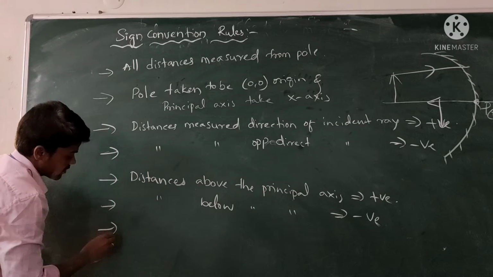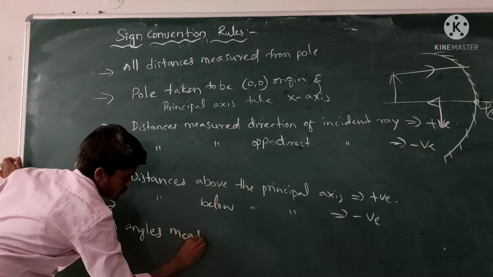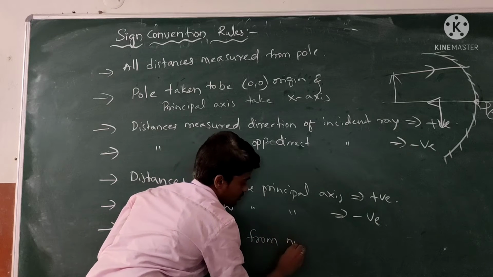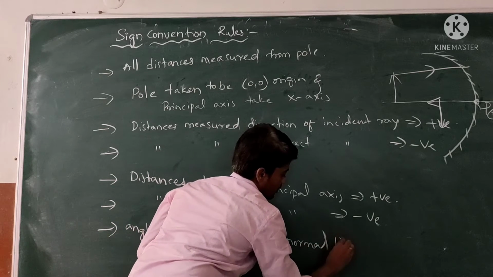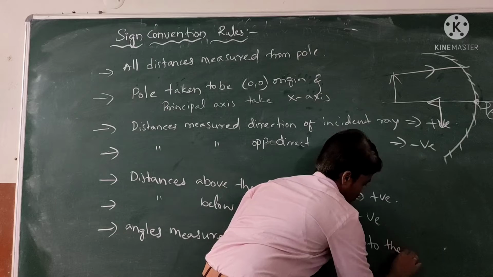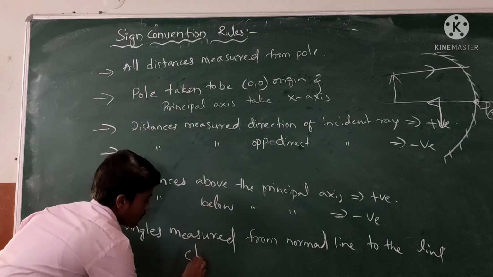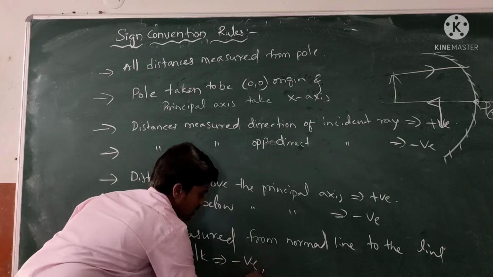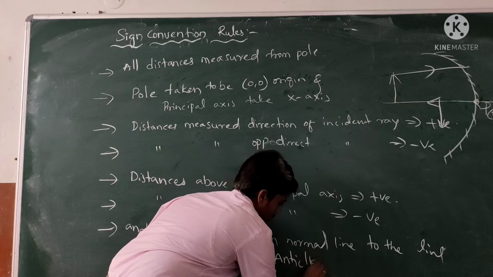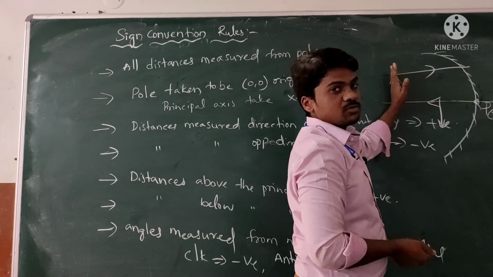The next point is the angles. Angles are measured from the normal line. Clockwise is taken as negative, and anti-clockwise is taken as positive. For example, the candle is in this position.